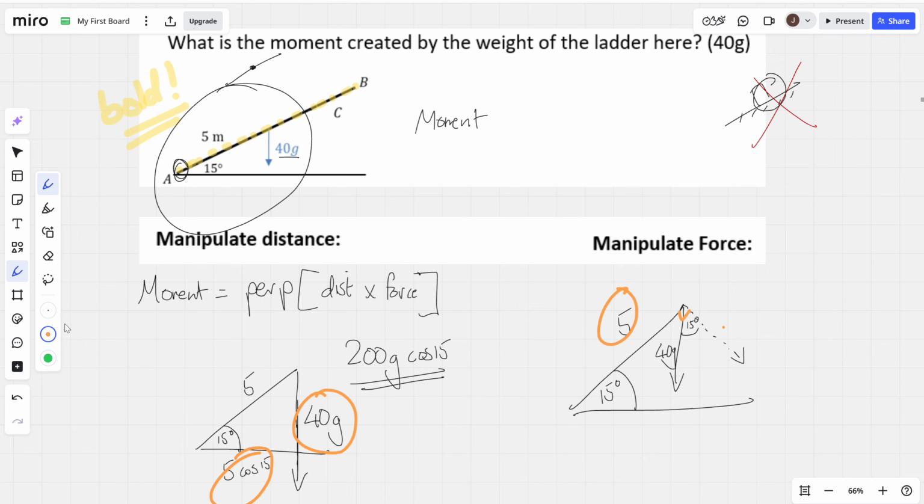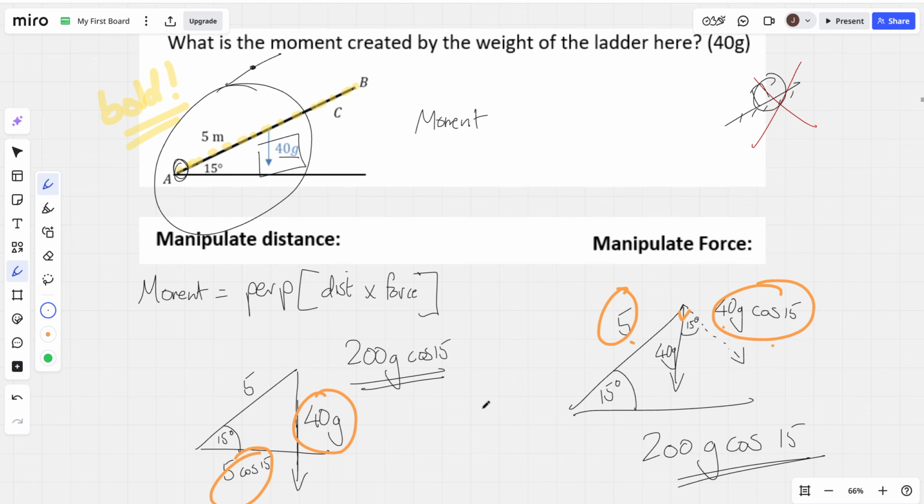What would that be? That's cos, because that's adjacent. So that will be 40G cos 15. And you notice, again, if I multiply these together, it gives me the moment created by this 40G, which is 200G cos 15.